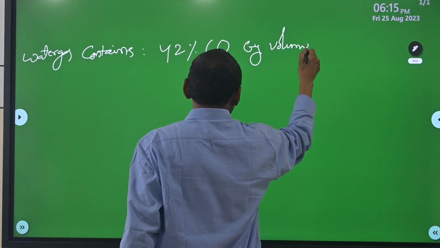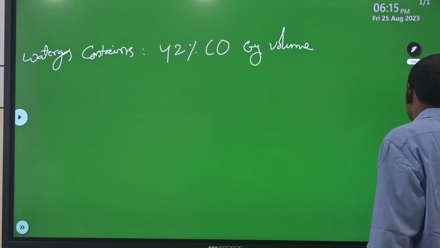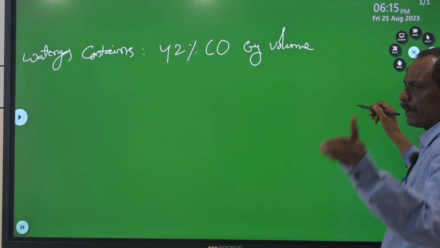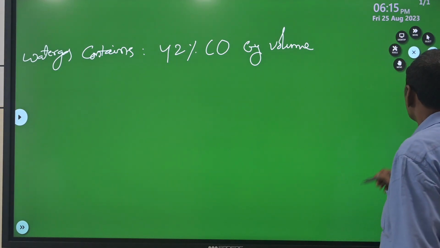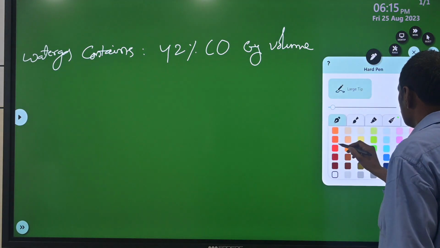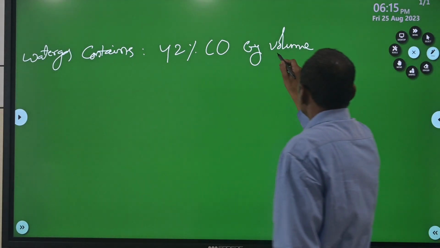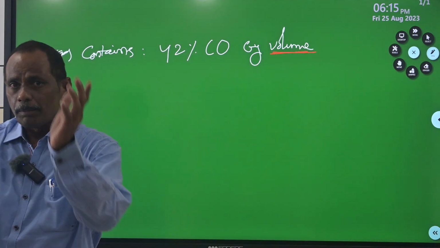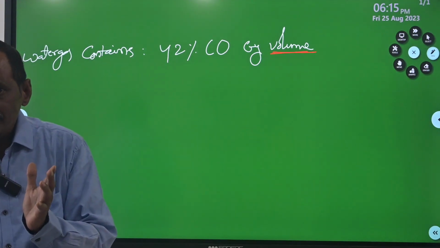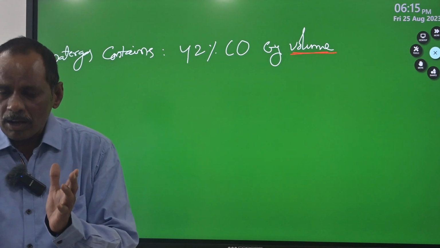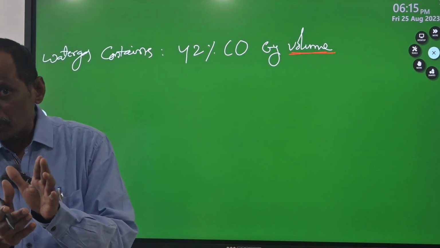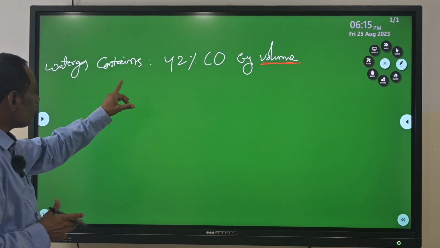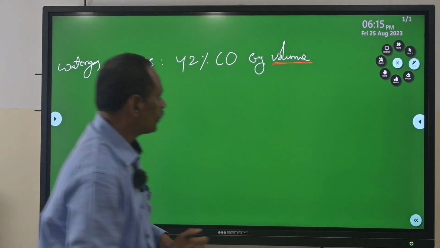Remember, this is the most important point: is it by volume or by mass? In our previous questions, the mass ratio is given. The methane and oxygen are taken in 1:4 mass ratio. Here, the volume percentage is given, 42%.